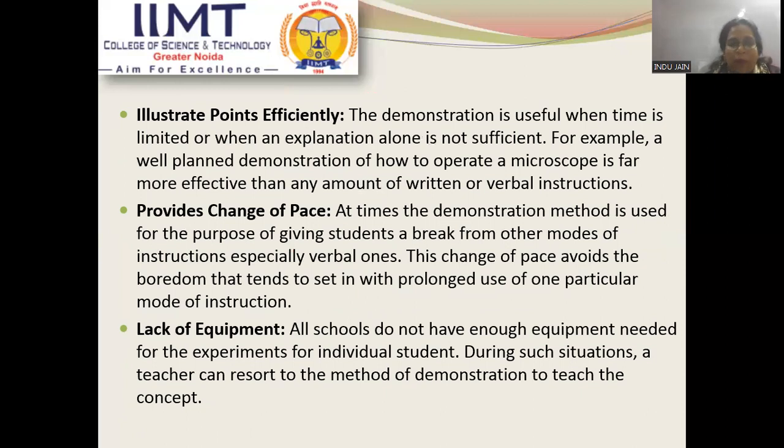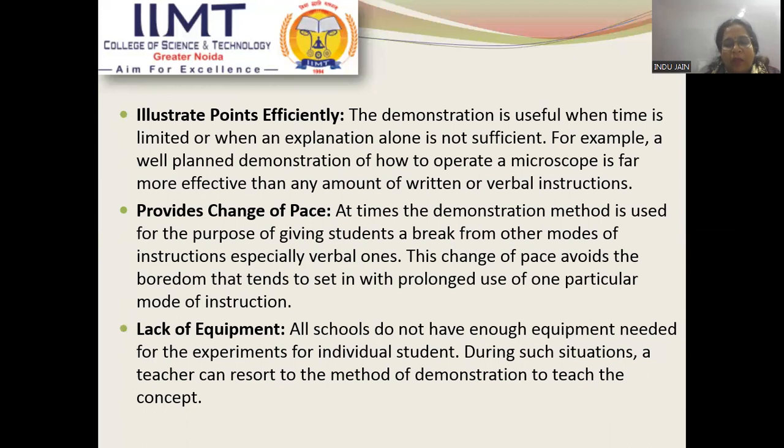The very important advantage is that this demonstration strategy illustrates points efficiently. The demonstration is very useful when time is limited or when an explanation alone is not sufficient. For example, a demonstration of how to operate a microscope is far more effective than any amount of written or verbal instruction.